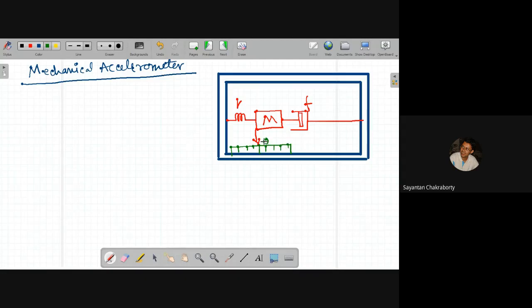Okay. Now the concept is that this blue frame is actually the accelerometer, which is mounted on the surface of a moving vehicle. So it moves along with the moving vehicle, and the displacement of the moving vehicle is measured with respect to a static reference frame.